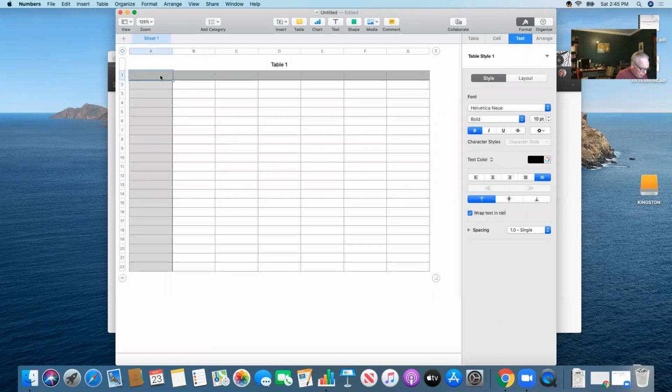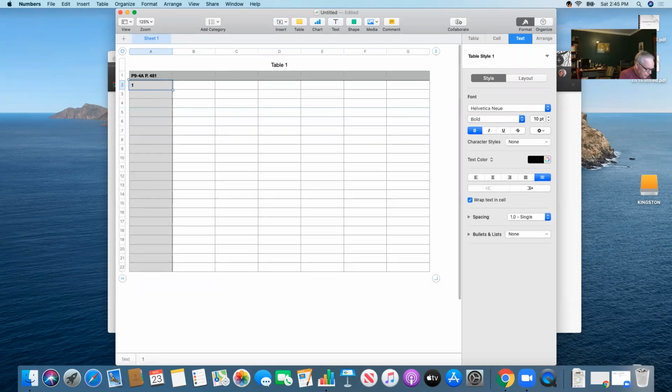This is problem 9-4A, on page 481, and I'm going to put these notes on Blackboard so you'll have them to look at. But I like to do the problem in front of you so you see how it's done.